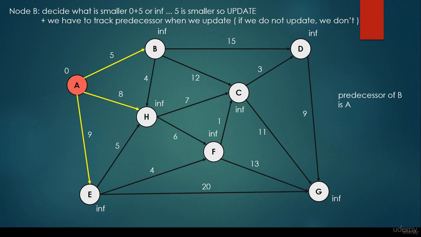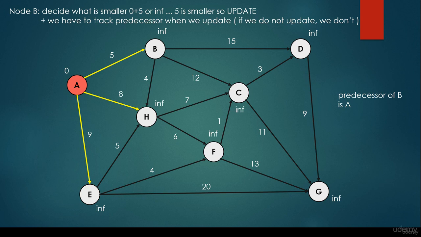Okay, so for node B we have to decide what is smaller, 0 plus 5 or infinity. Why 0? Because the starting vertex has the minimum distance 0 and the edge weight is 5. The minimum distance for vertex B is initialized to be infinity. 5 is smaller, so we have to update the minimum distance for node B, plus we have to track the predecessor when we update.